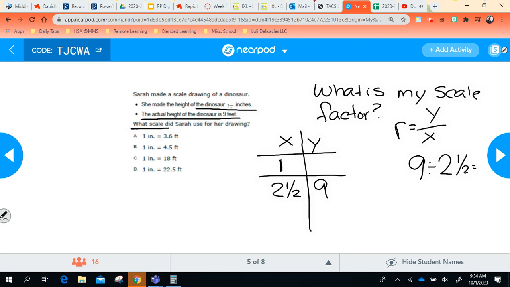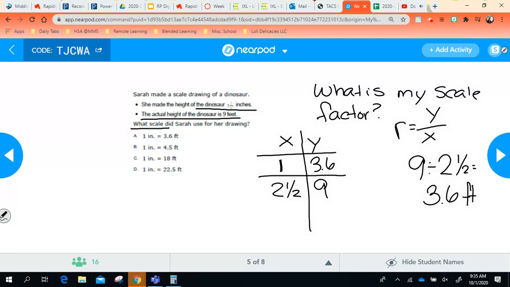Okay, so 9 divided by 2.5 gives me what? 3.6 feet, right? Because that's going to be our feet. So I can go ahead and put 3.6 here. So my scale factor is 3.6. So when I go to look at my answer choices, what scale did Sarah use for her drawing?